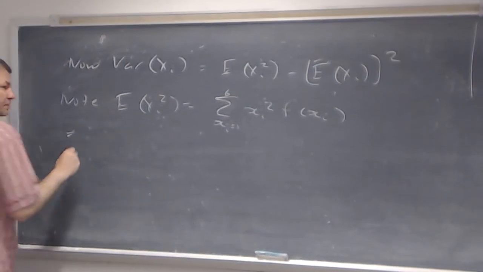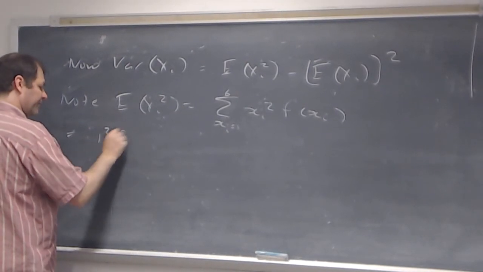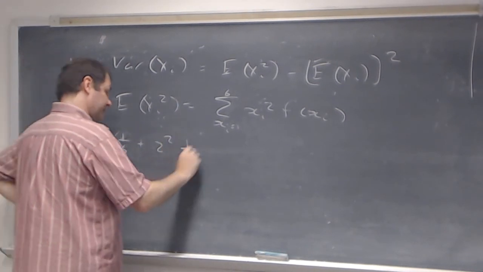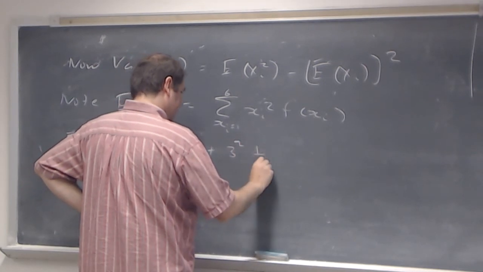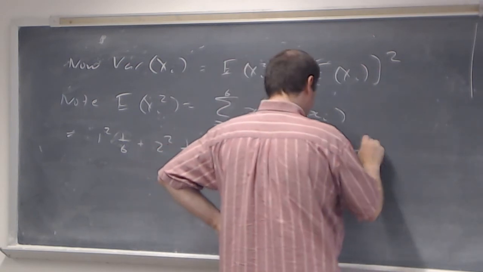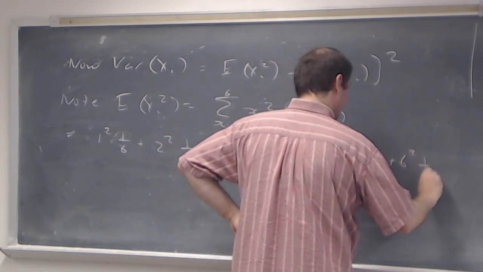Let's see, that's equal to 1 squared times f of 1, which is 1/6, plus 2 squared times 1/6, plus 3 squared times 1/6, plus 4 squared times 1/6, plus 5 squared times 1/6, plus 6 squared times 1/6.